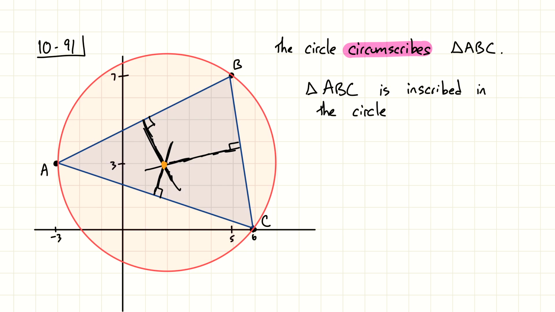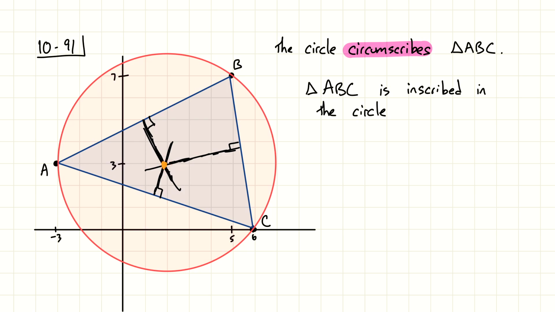And so if I connect these 3, what they're asking us to do in this problem is draw a circle that goes through all 3 of those points, A, B, and C. And so what I needed to do was to determine the center of that circle.